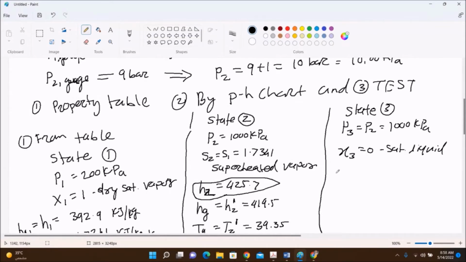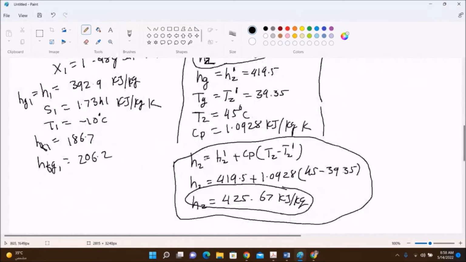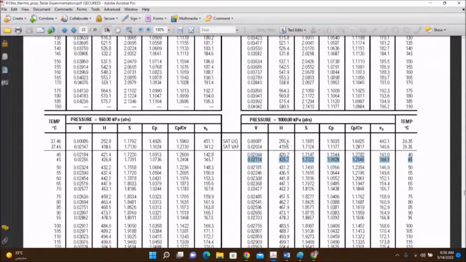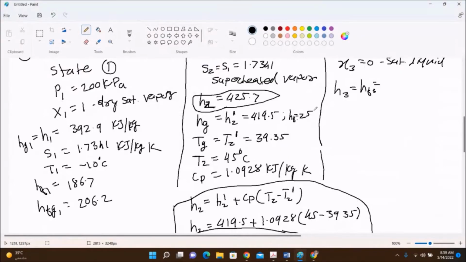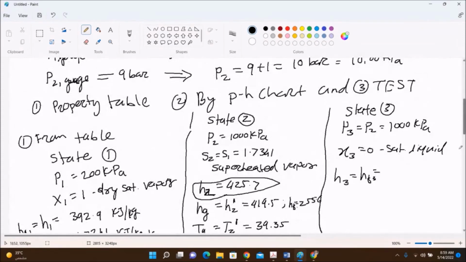So H3 is equal to HF3, which is HF here, 255.6. So the same here: go to the saturated liquid at 1000 kPa, HF, same. I will show you again here, 255.6.